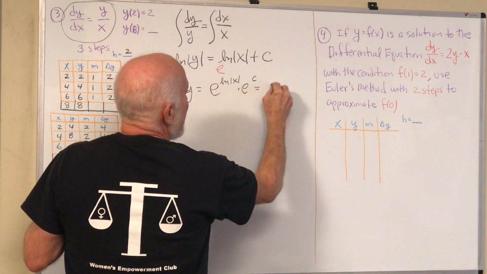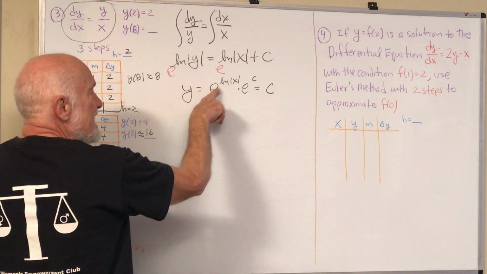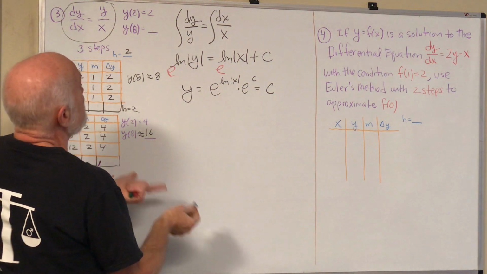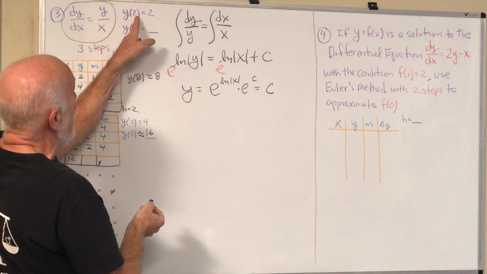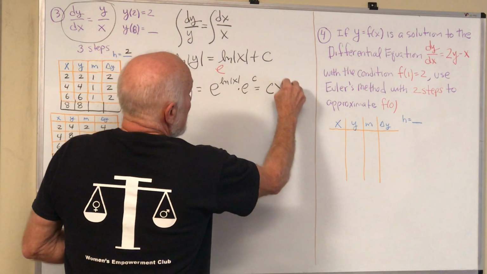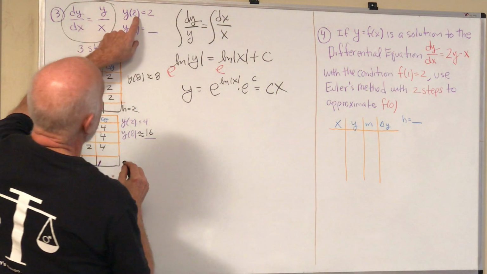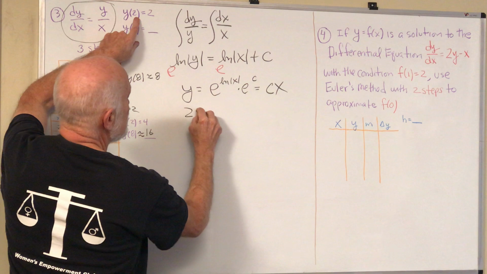And e to the c I can just call c, and e to the natural log of the absolute value of x I can call the absolute value of x, but we're dealing with positive x values, so I get y equals cx.